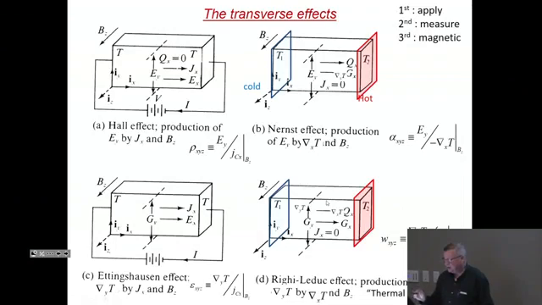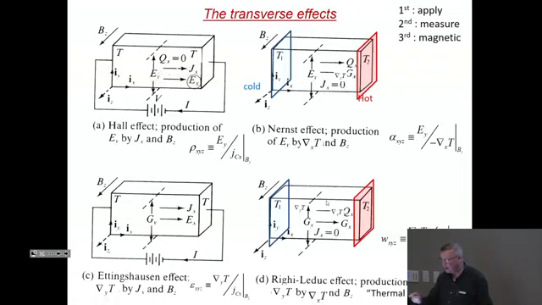Okay, so Hall effect. Here is my sample. We'll take it to be a parallelepiped, and the electric flux lines, let's say in the beginning, at zero field, are nice and parallel to the sides. So you apply current to the thing in this direction, which creates a current density Jx.